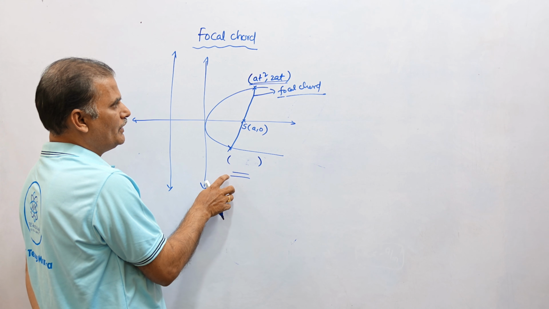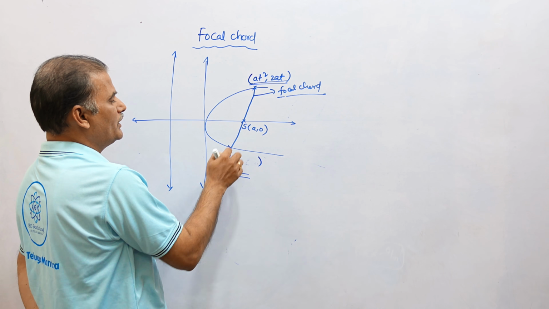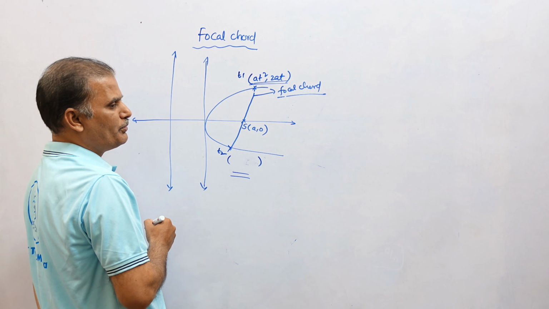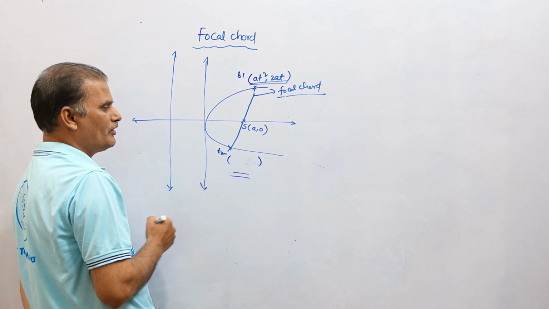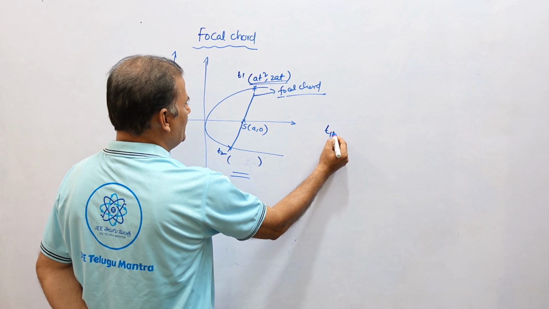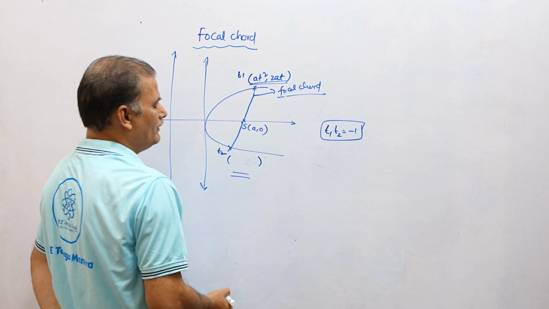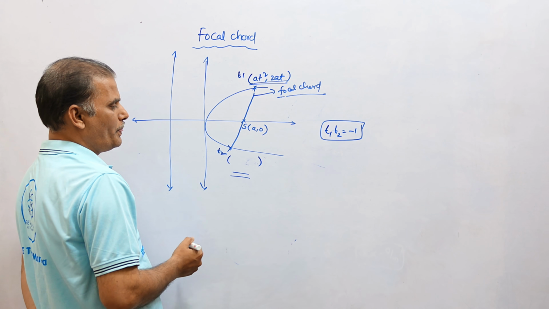If you find the other point, we get t1 and t2 as the endpoints of the focal chord. The condition is t1 t2 is equal to -1.